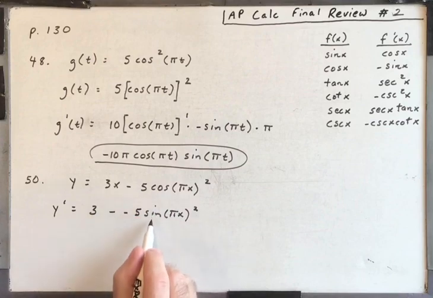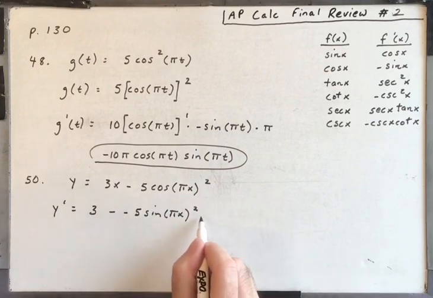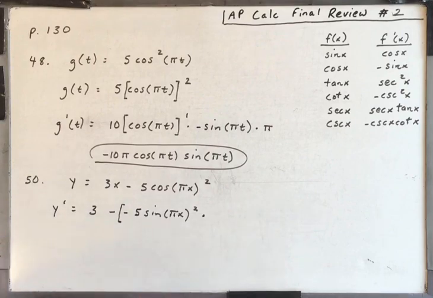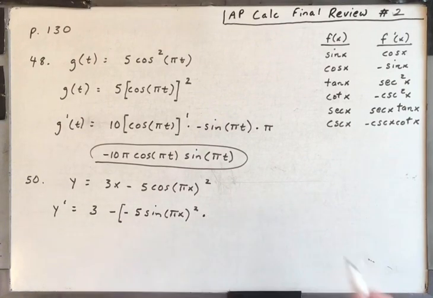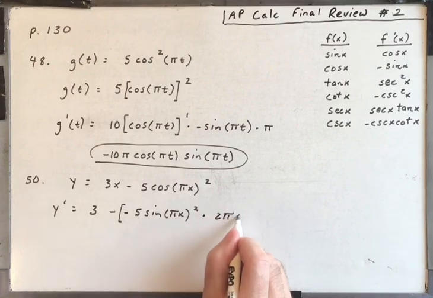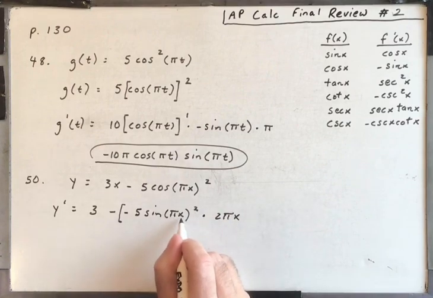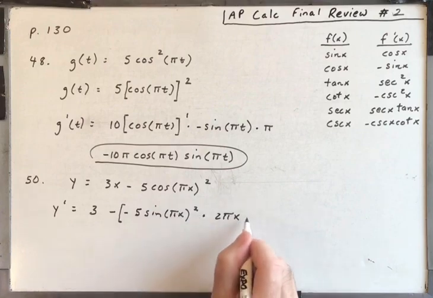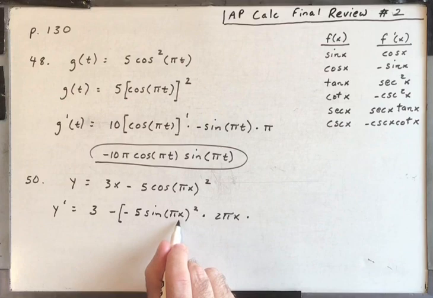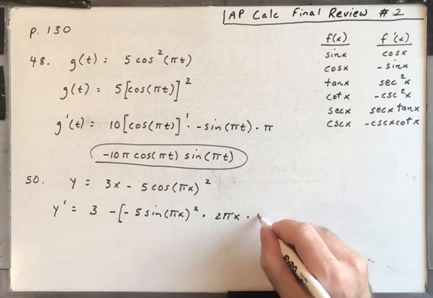Okay, derivative of cosine is minus sine, times 2 times the pi x out front, and then to the first, times the derivative of pi x, the innermost block in the angle, and that is just pi.